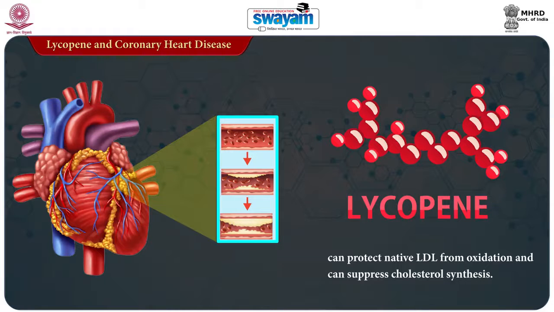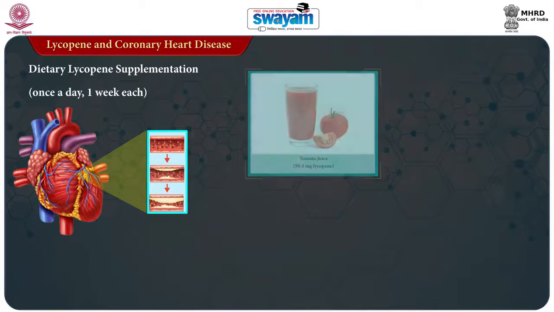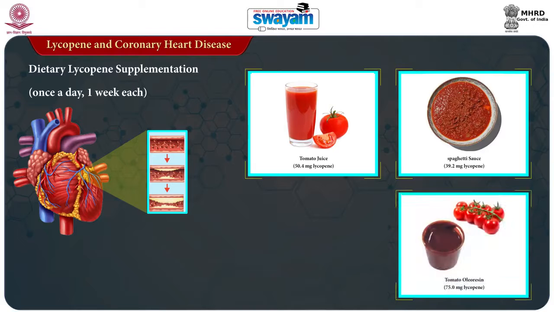suppress cholesterol synthesis. Studies have shown that dietary lycopene supplementation once a day for a week, each provided through tomato juice providing 50.4 mg of lycopene, spaghetti sauce providing 39.2 mg of lycopene and tomato oleoresin providing 75 mg of lycopene, will significantly increase serum lycopene.